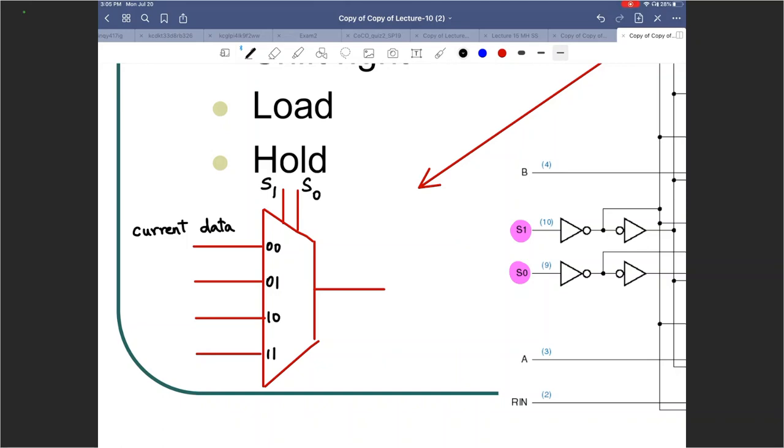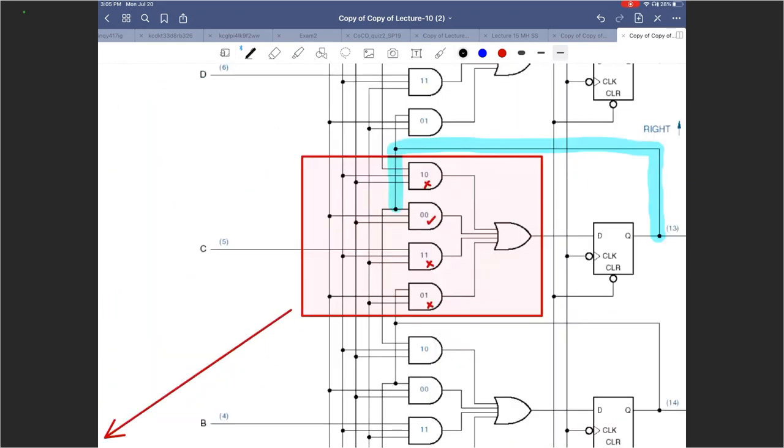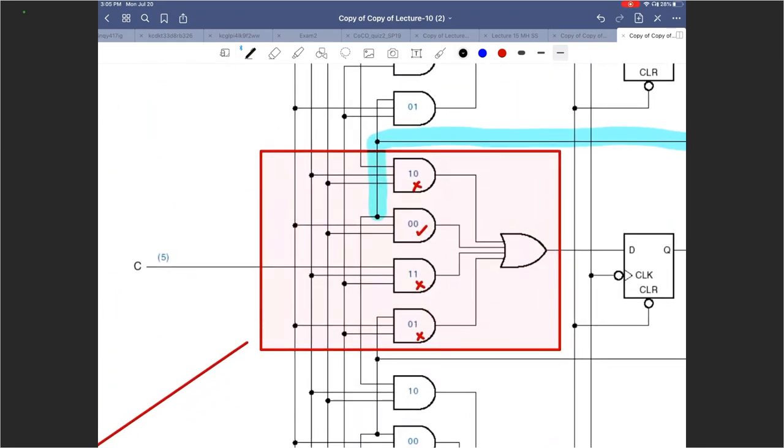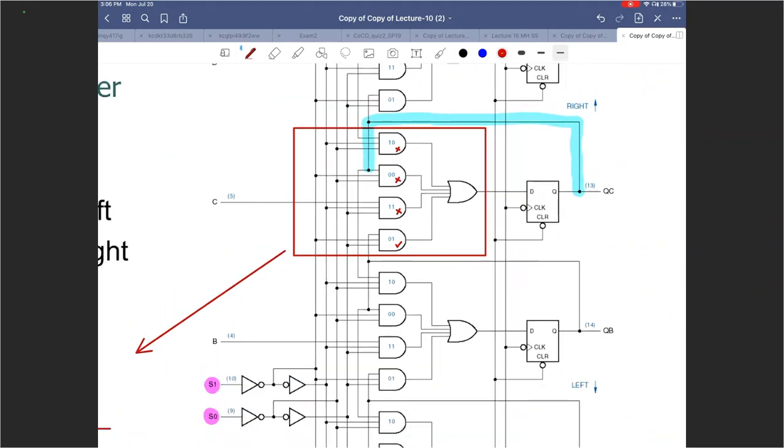Next, 0, 1. So when it is 0, 1, I'm essentially picking this out. Everything else is out. What is that? Apart from getting S1 complement and S0, it is also getting a third input. What is that?